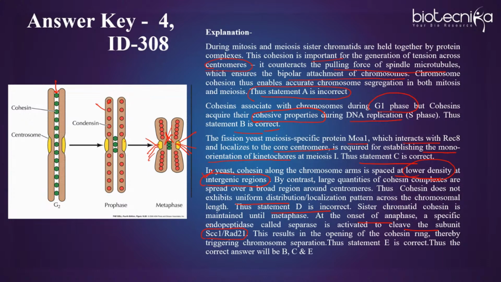So this SCC1 is a sister chromatid cohesin protein. So only when the cohesin rings are cleaved with the help of separase will chromosome segregation happen. So that is why statement E is correct.